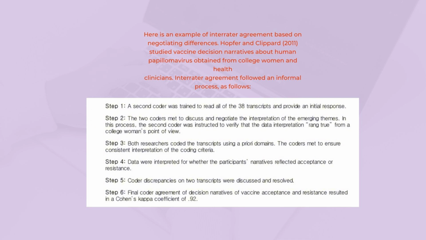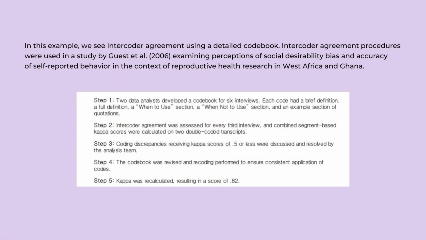Step 5. Coder discrepancies on two transcripts were discussed and resolved. Step 6. Final coder agreement of decision narratives of vaccine acceptance and resistance resulted in a Cohen's kappa coefficient of .92. In this example, we see intercoder agreement using a detailed codebook.